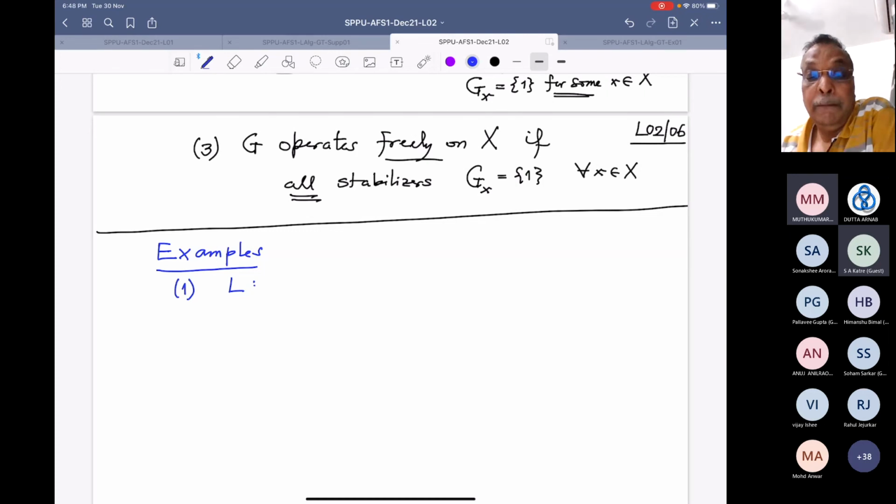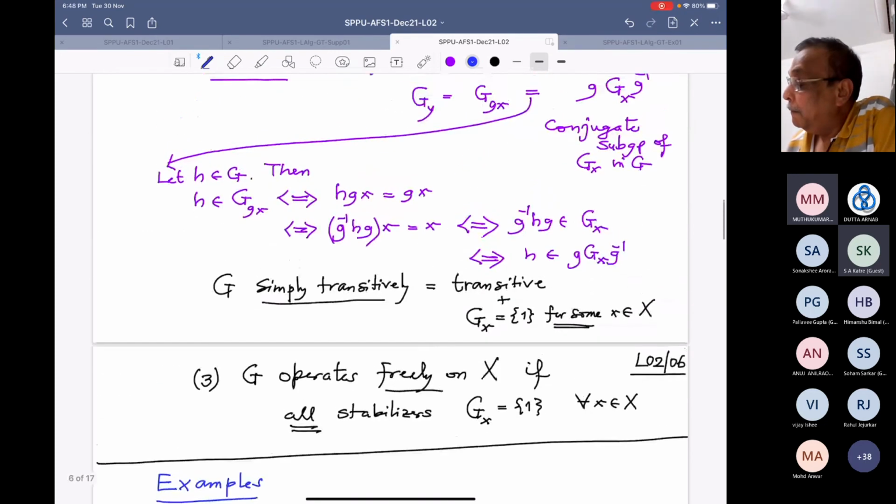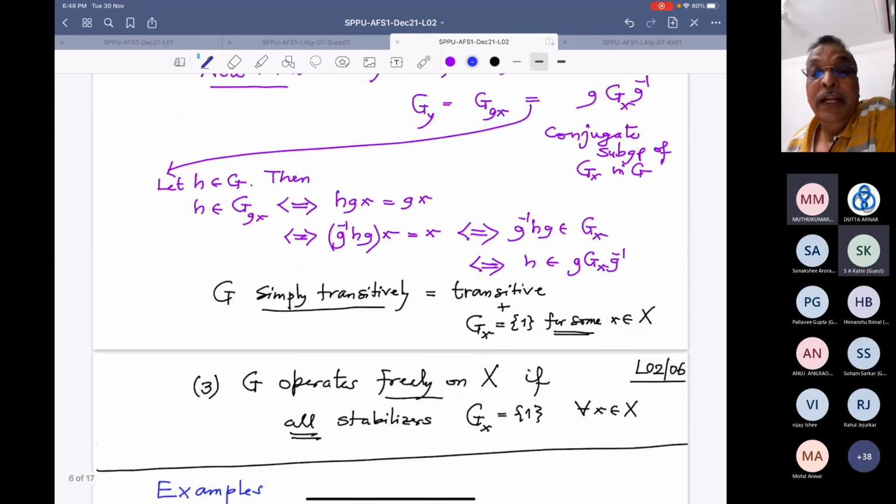Sir, I have a doubt. G is simply transitive means it is transitive and its stabilizer is trivial for all x, right? Yes, it is enough if for some x. And then G operates freely on X if all stabilizers are trivial.